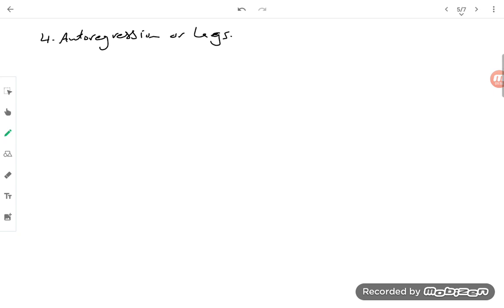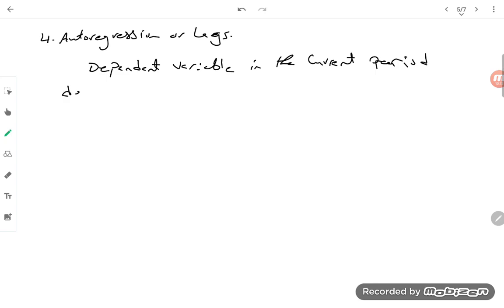And this is known as the random walk hypothesis. So lags mean the dependent variable in the current period depends on its own value in the last period.